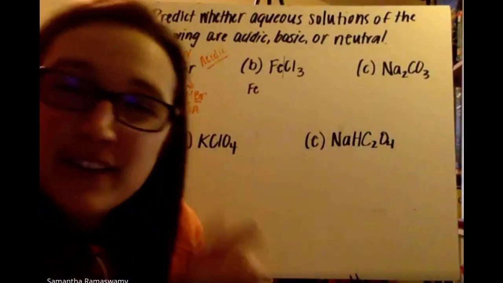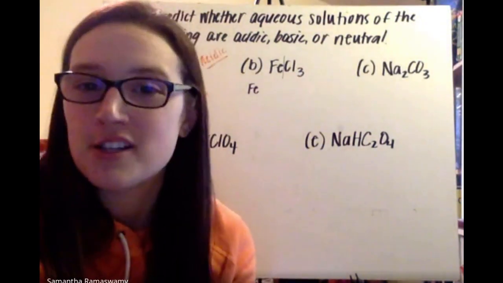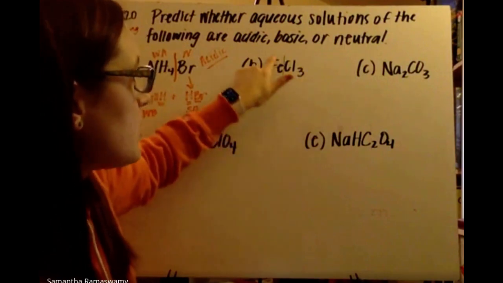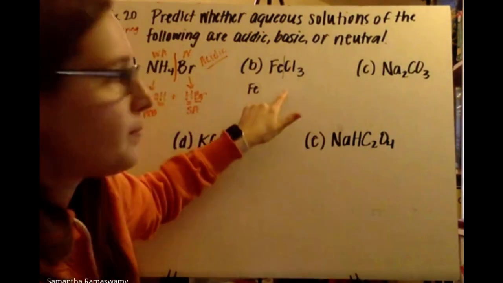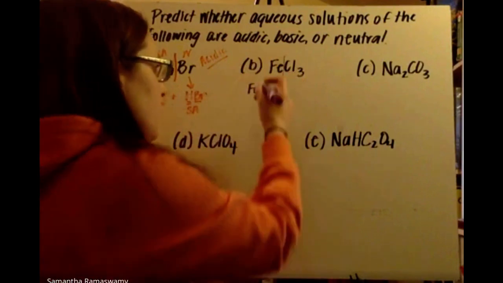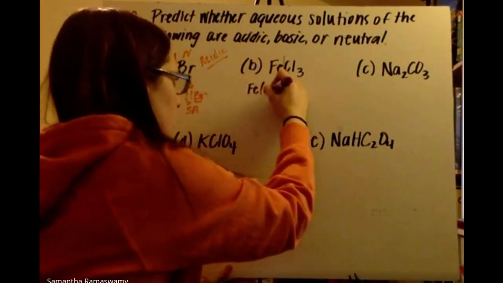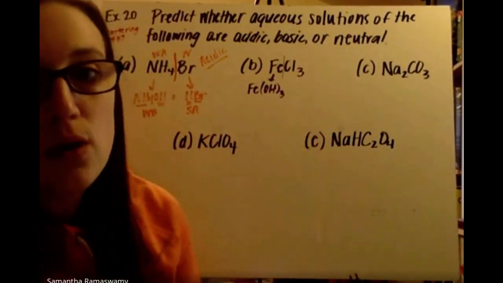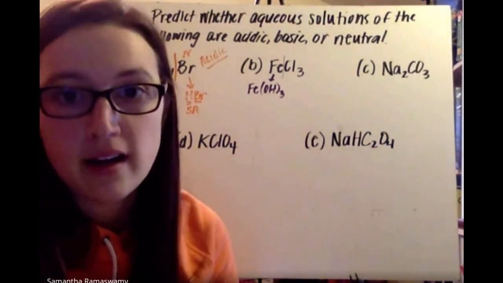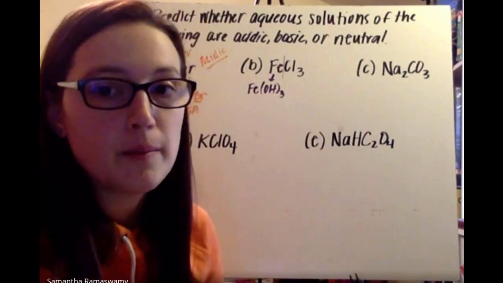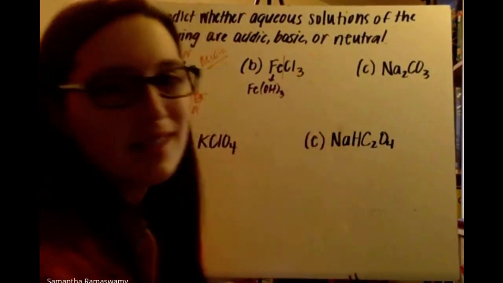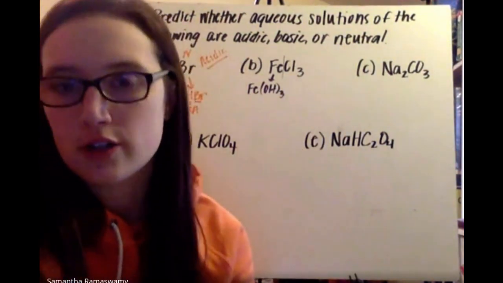Now, Fe is a little more tricky because it's a transition metal. But if you reverse, Fe is plus 3. So this Fe is plus 3, which means it's FeOH3. So this Fe3 plus cation comes from FeOH3. Cl, I know it's Cl3, but that's because of the charge on iron.